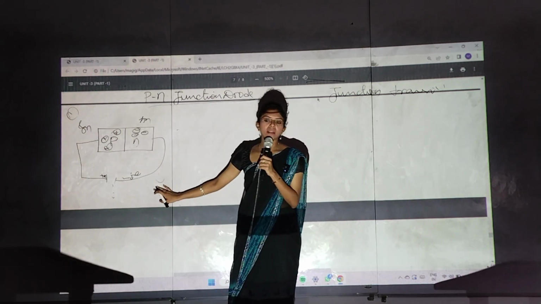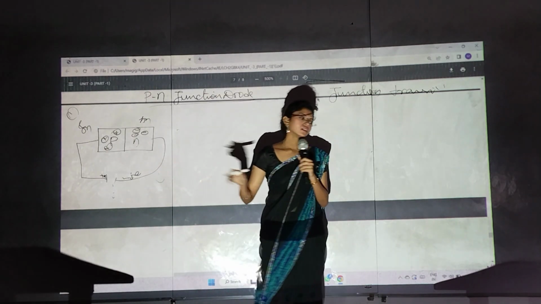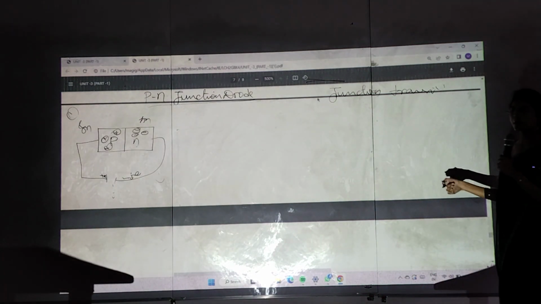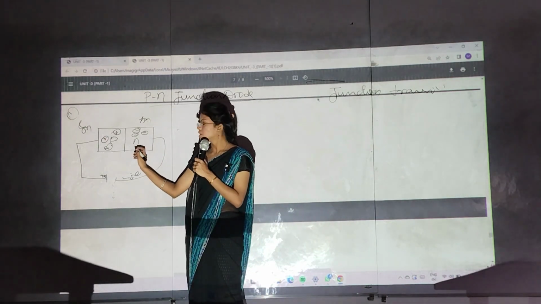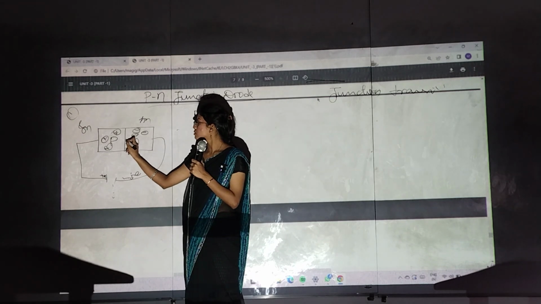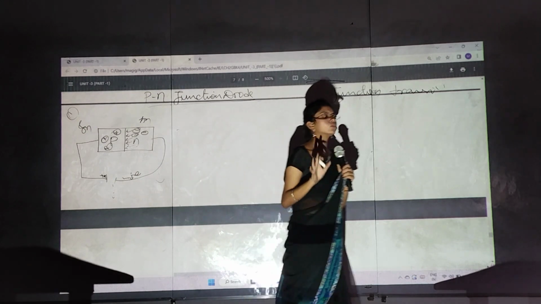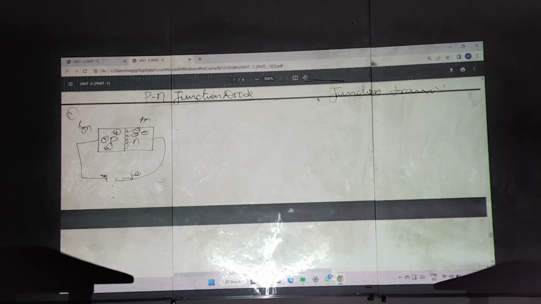Now, when you connect the P-type and N-type to these terminals, imagine you connect these semiconductors to the positive and negative terminals in this manner.